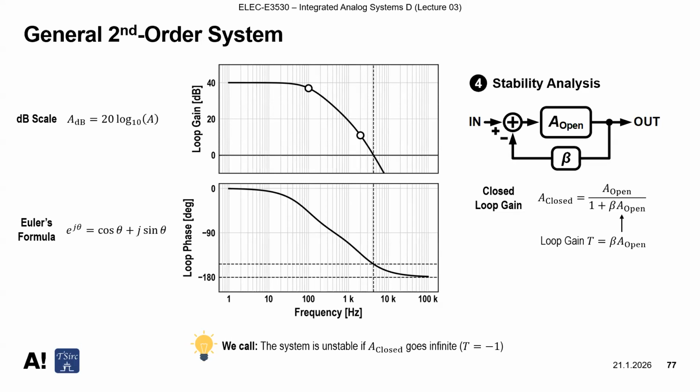And at this frequency, if our phase is -180, then it goes to -1, because of Euler's formula here, right? Euler's formula.